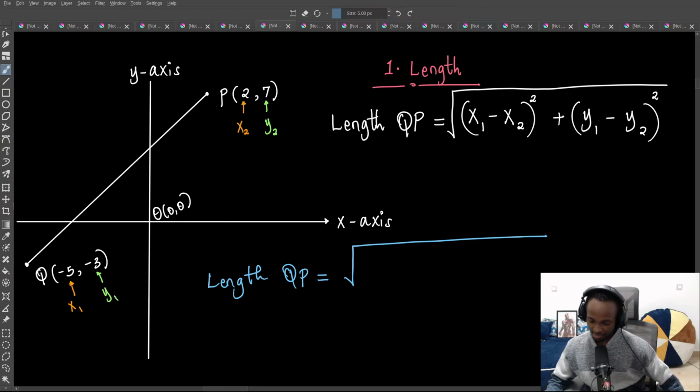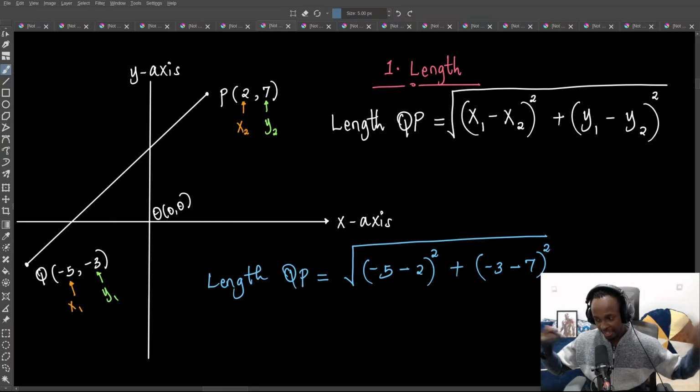So x1 is -5 minus the value of x2, which is 2, basically the difference between the x values. Then we square that, then plus y1 is -3, then minus y2, which is 7, then we square that. So the difference between the x values squared plus the difference between the y values squared, then the square root.